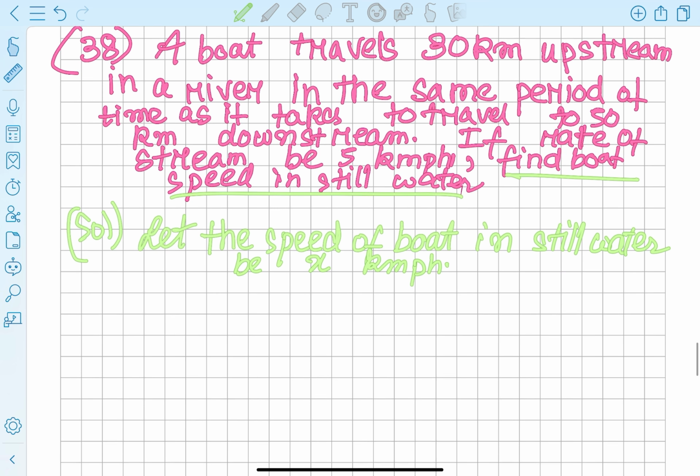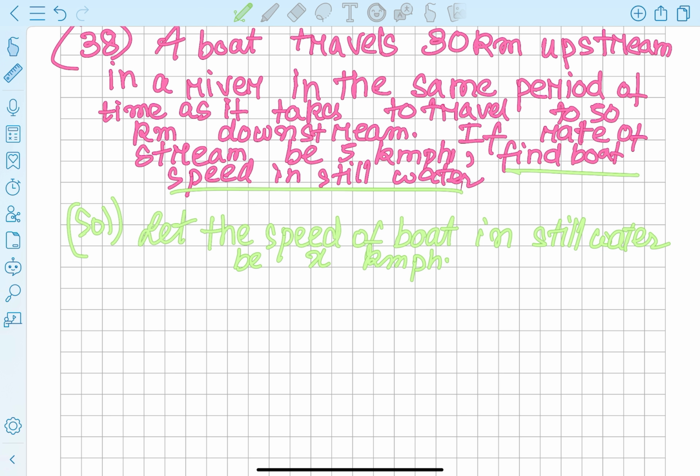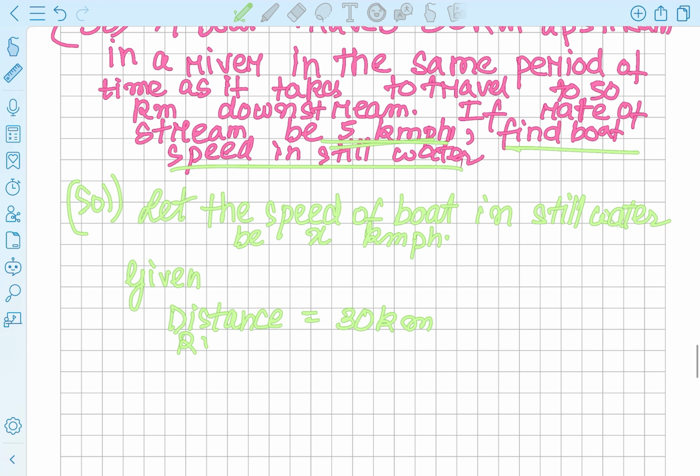Now see what they are saying, that the boat is traveling 30 kilometers upstream in a river, and now you have to write what is given. First given is the distance the boat is traveling, 30 kilometers. And it's also given that the rate of stream is 5 kilometers per hour. So you also have to write that rate of stream or speed of stream.